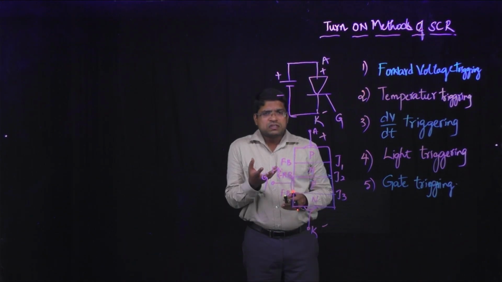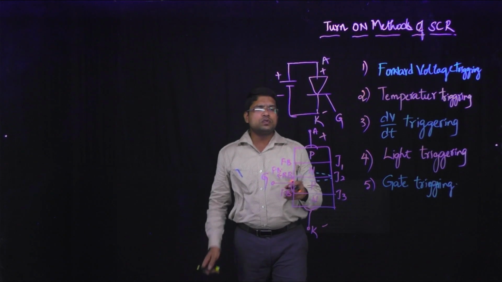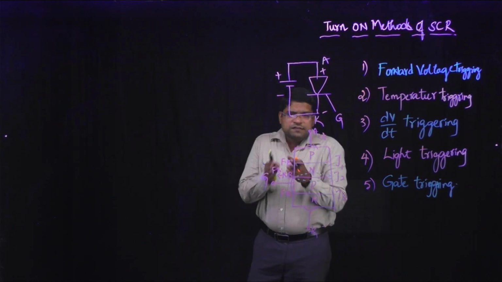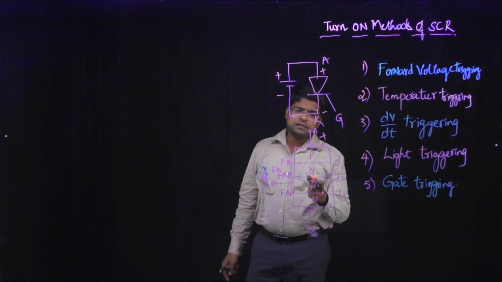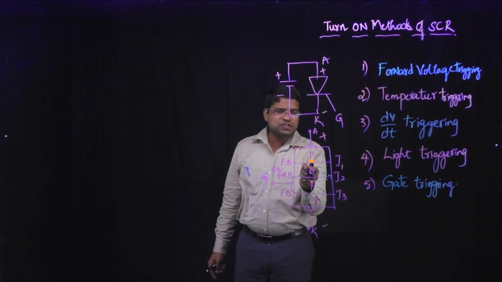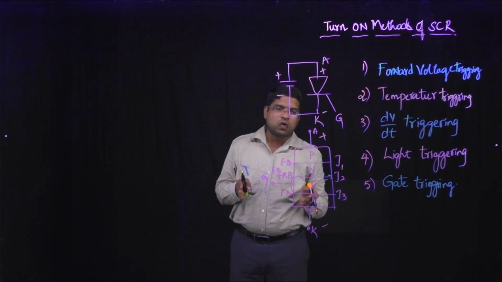This is because of the minority charge carriers accelerating voltage at junction J2, which leads to an avalanche breakdown of junction J2. The instant at which the depletion layer vanishes is called avalanche breakdown.